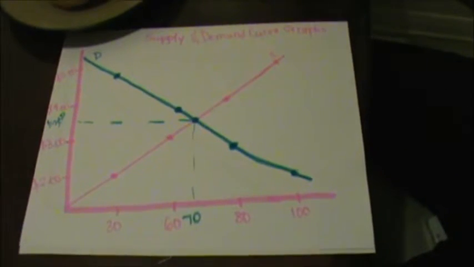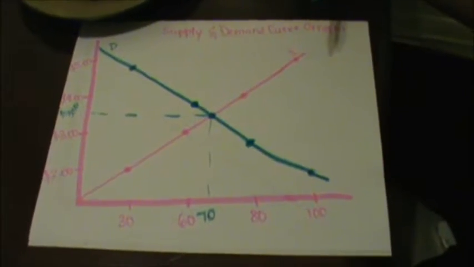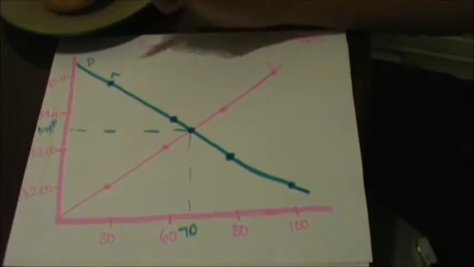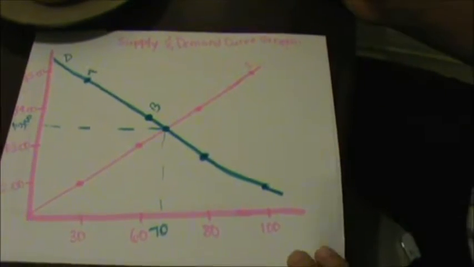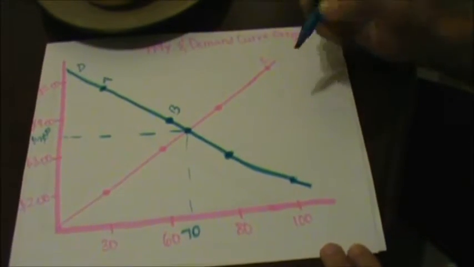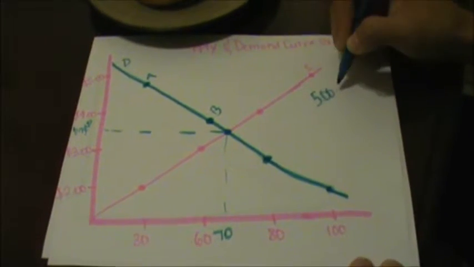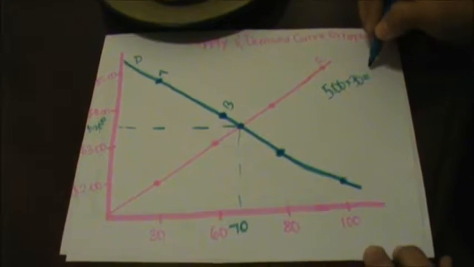Now, to determine if our product is elastic or inelastic, we're going to use the expenditure test. We're going to grab point A and point B, which are random points in our graph, and we're going to measure this out. So for point A, we have $5 times 30, which equals 150.